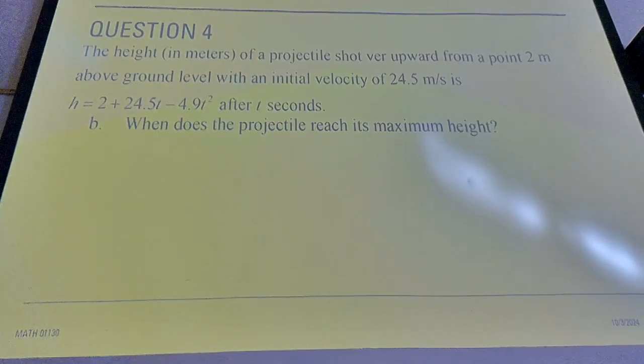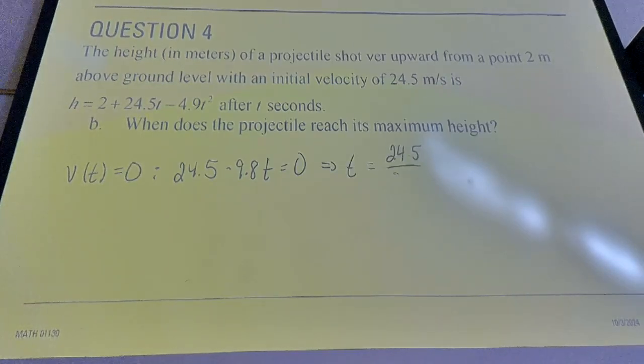So we said v was 24.5 minus 9.8t. That has to equal 0, which means t is what? 24.5 over 9.8, which is 2.5. 2.5 what?